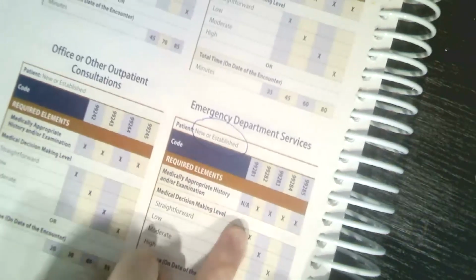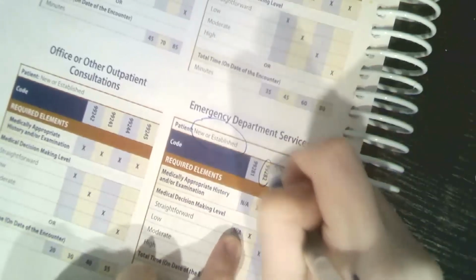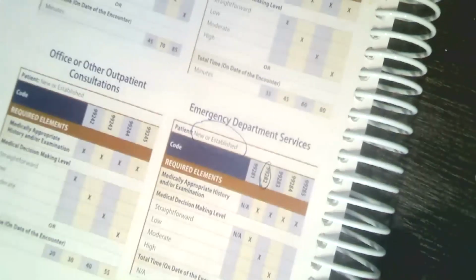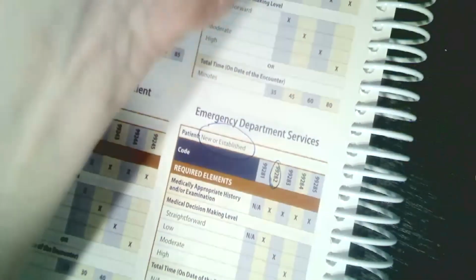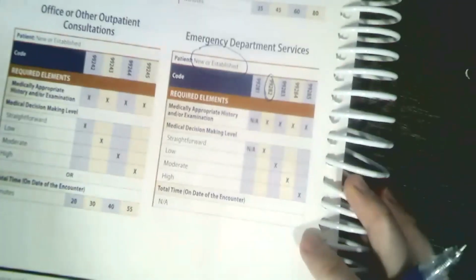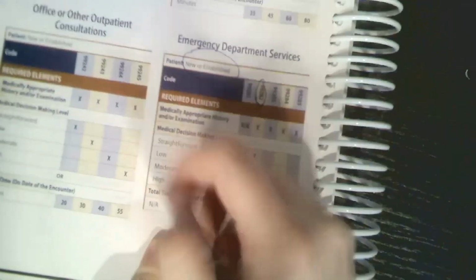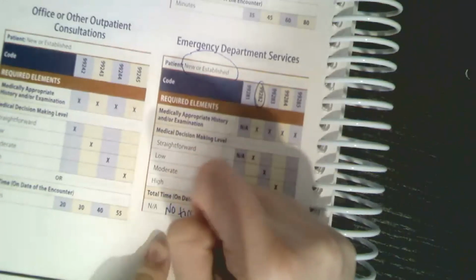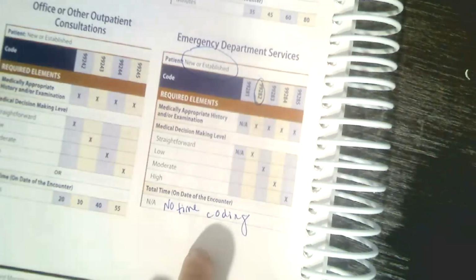And then it was straightforward medical decision making. So that again takes us to 99282. And then you can also see here, we do not use time, no time coding for emergency department. So we had straightforward, 99282 is what we'd select.